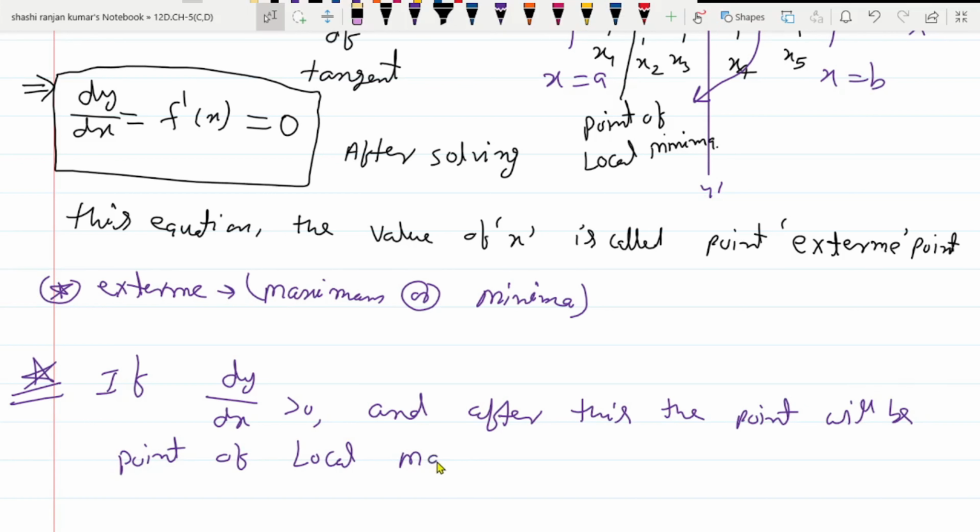It means in a graph there may be more than one maxima, because we are talking about local maxima, not complete maxima. So there may be more than one maxima.